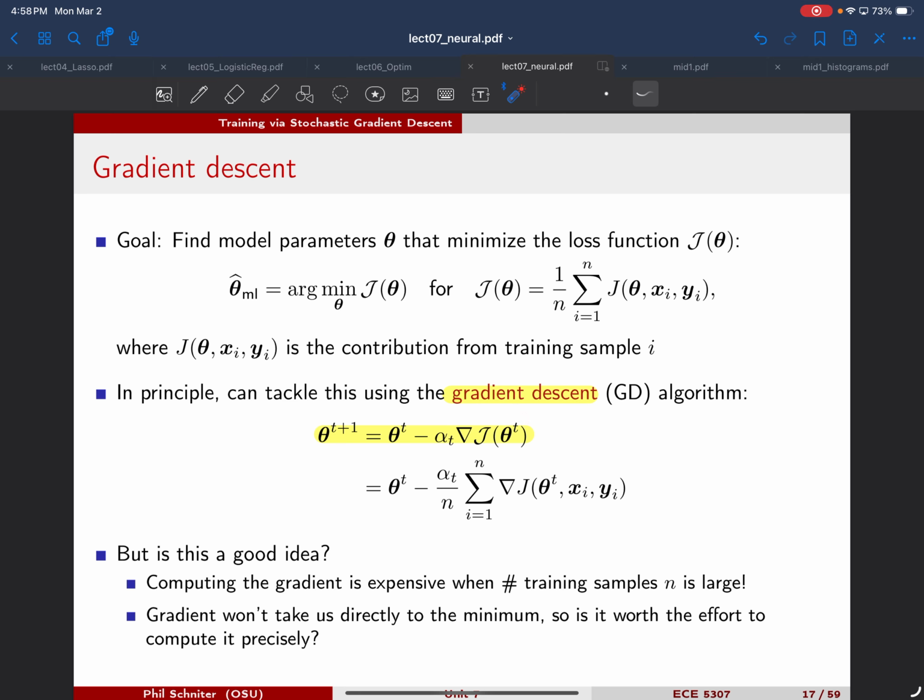Okay, so when we plug this loss function into this expression, then due to linearity, this gradient can move through the sum. And really what we have is some kind of scaled average of the gradient of the cost.